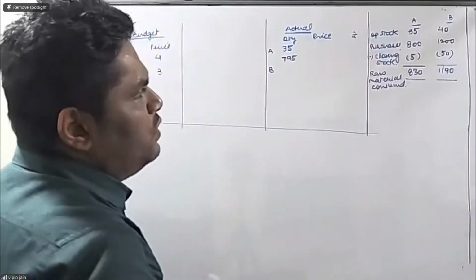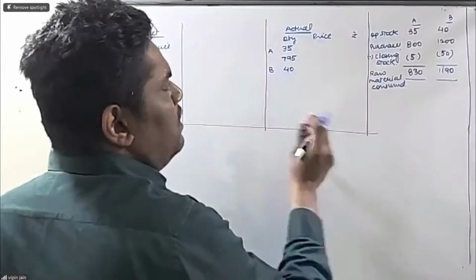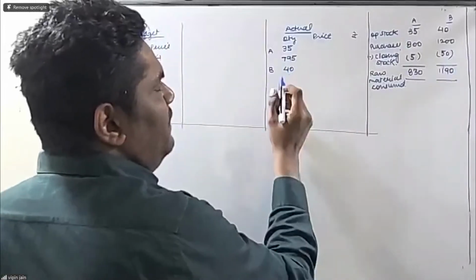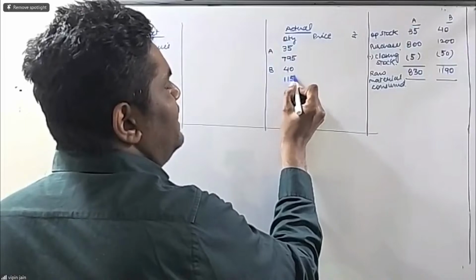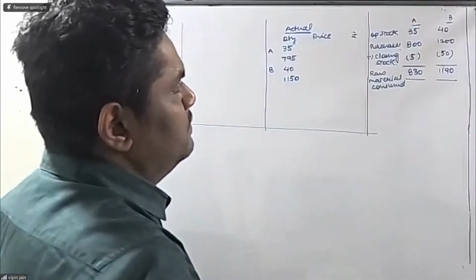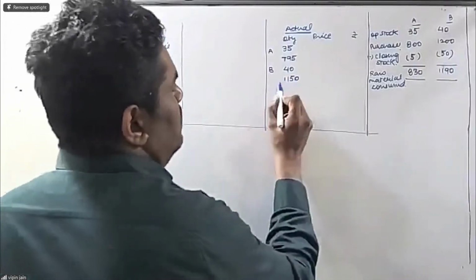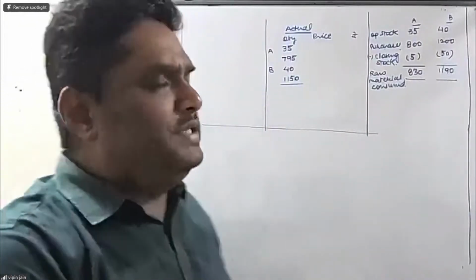Similarly, for B also, 40 will be from the opening stock and remaining 1150 will be from the purchases that are made during the year. This is how we will get the total inputs and the output is given.